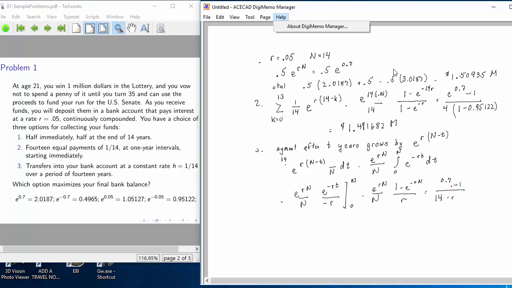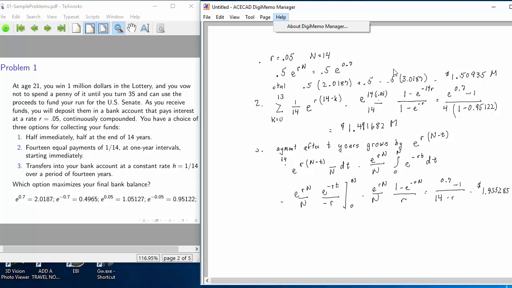So the only difference between the discrete case and the continuous case is here I have 1 minus e to the minus r. Here I have r, which is a very good approximation to this. And when I threw this into my calculator, I got 1.455285 million dollars.